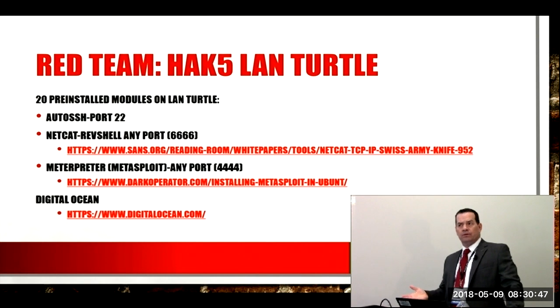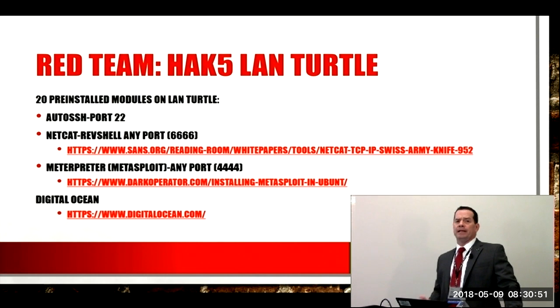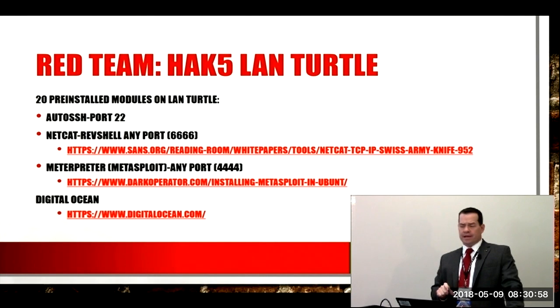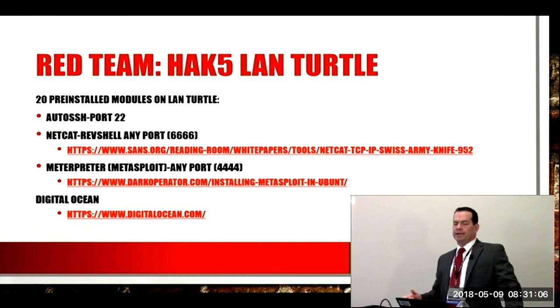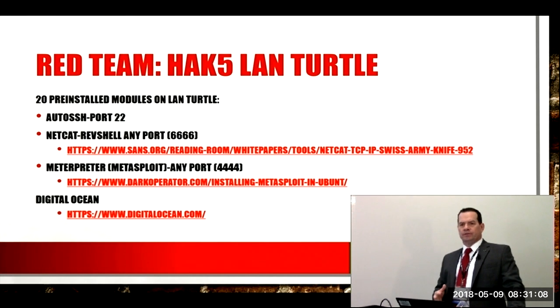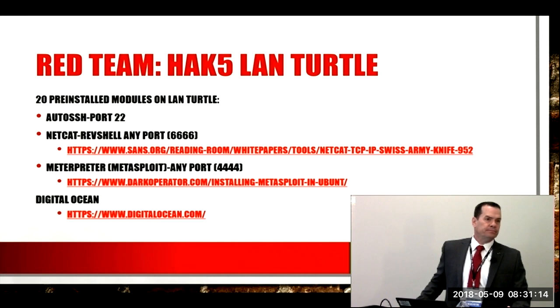But the one that I was interested in, again, was C2, Command and Control. So the modules that I used in the Land Turtle for this were SSH, Netcat for reverse shell, and Meterpreter for Metasploit. Each one of those modules would allow me to open up a Command and Control channel outside of my network.